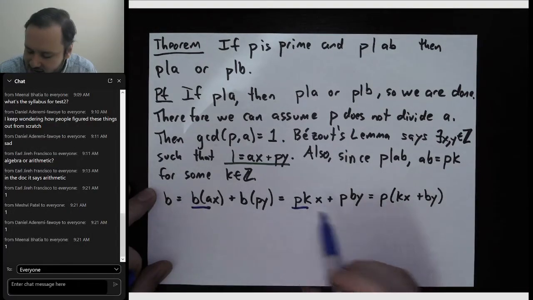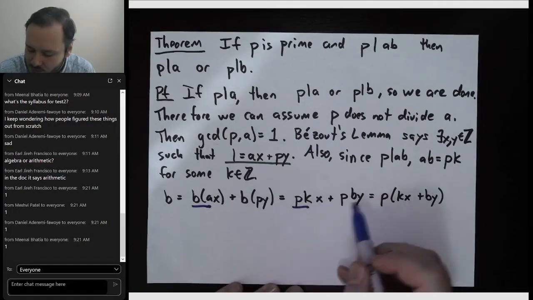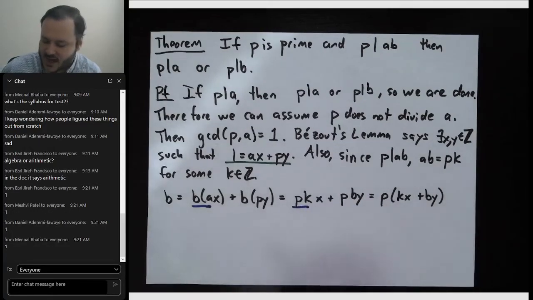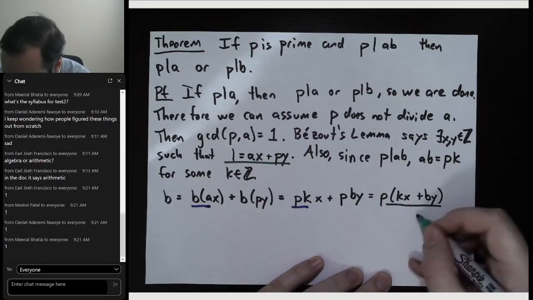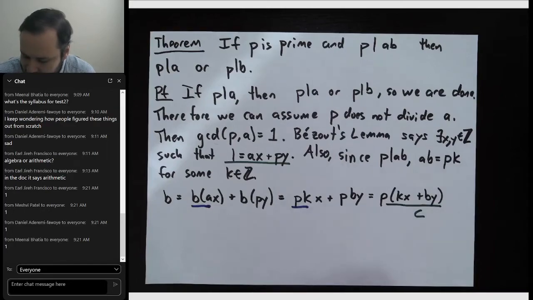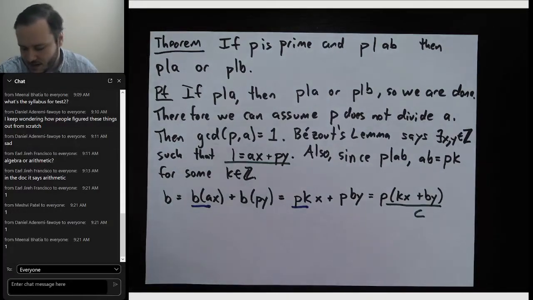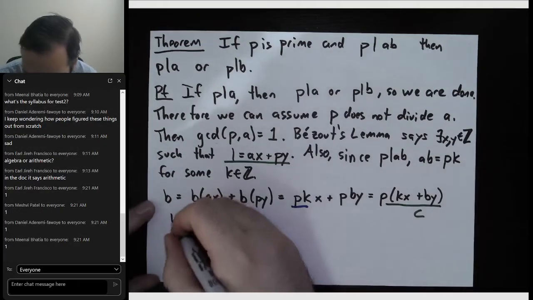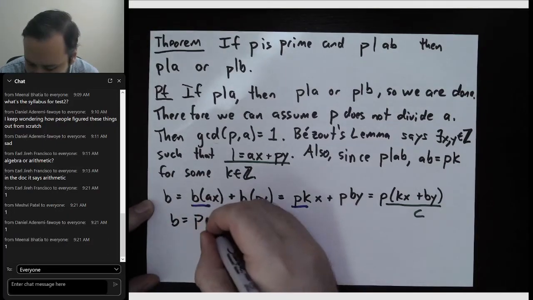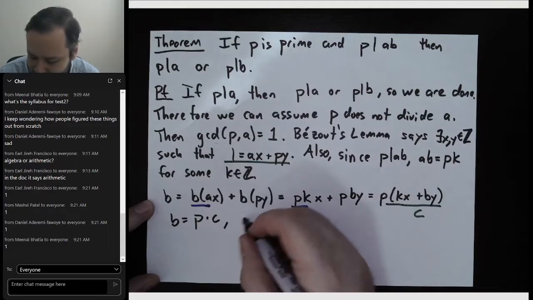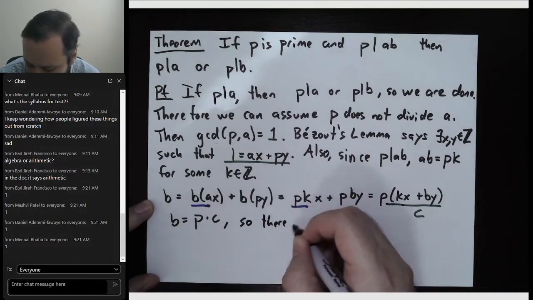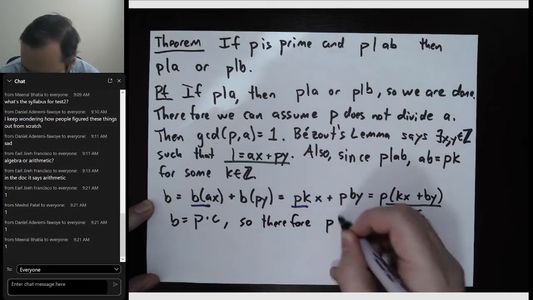And the reason I did all of this was because now both of these terms have a p in it and I can factor them out. So what have I done? Call this number c. I've written b is equal to p times c. So therefore, p divides b.